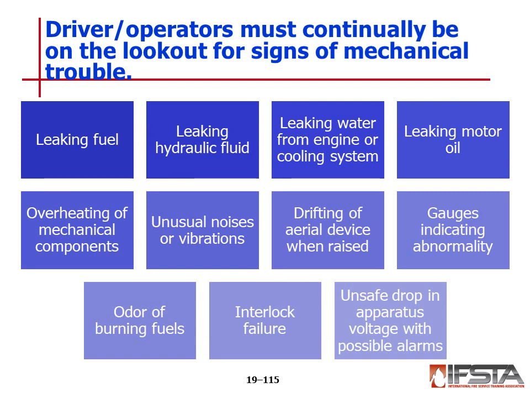The operator must continually be on the lookout for any of the following signs of mechanical failure or trouble: leaking hydraulic fluid, leaking fuel, leaking water from the engine or cooling system, leaking motor oil, overheating of any mechanical component, unusual noises or vibrations, drifting of the aerial device when raised, gauges indicating abnormalities, odor of burning fluids, interlock failure, unsafe drop in the voltage of the electrical system with possible alarms.